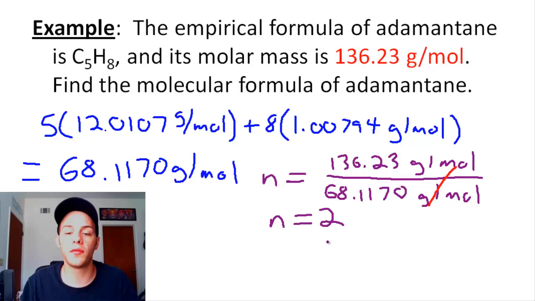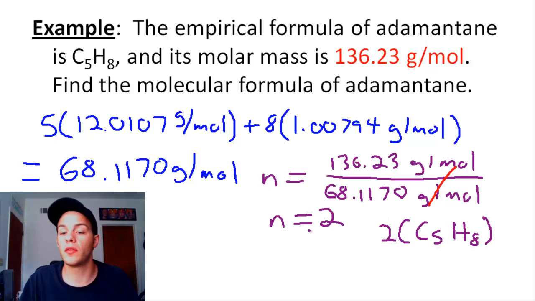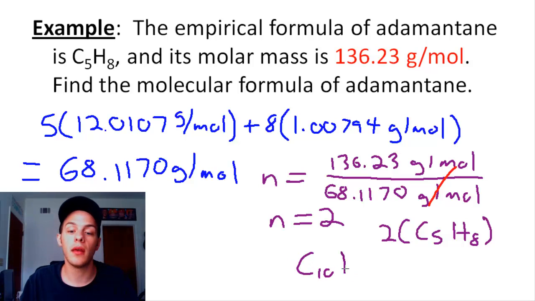So now, again, all we have to do is multiply n by our empirical formula, and that's going to give us our molecular formula. So if we take 2 times our empirical formula, C5H8, that's going to give us a molecular formula of C10H16.